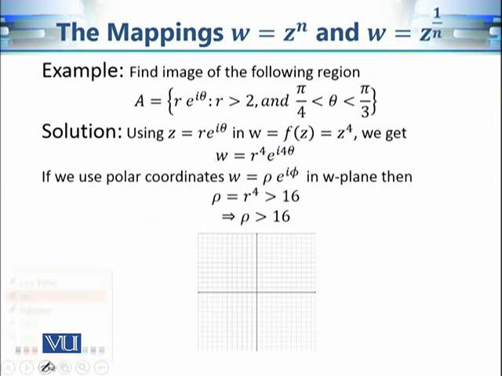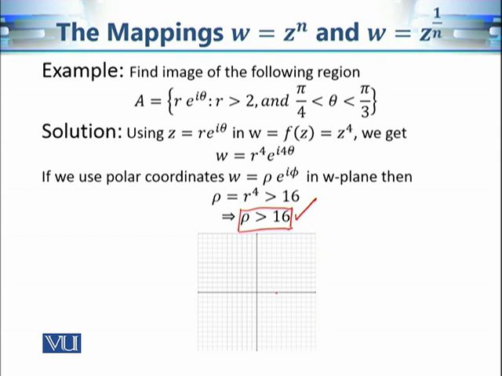Now if we want to calculate its image, we should know the value of rho. If r is greater than 2, then r raised to power 4 should be greater than 16. So in other words, we have one condition on the complex number in the w plane, which describes the image of this set A under this map z raised to power 4. This is the first condition, on the modulus.